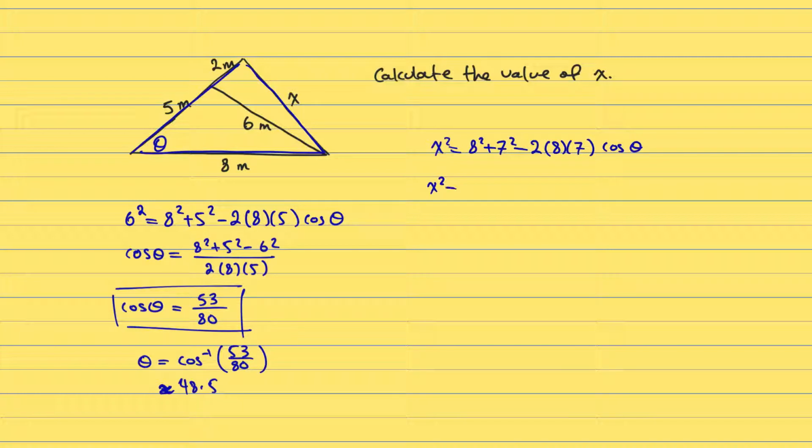I'm going to expand the values. I got 64, I got 49. 2 times 8 times 7 should give me 112. And the cosine value of theta is calculated here as 53 over 80, I apologize.